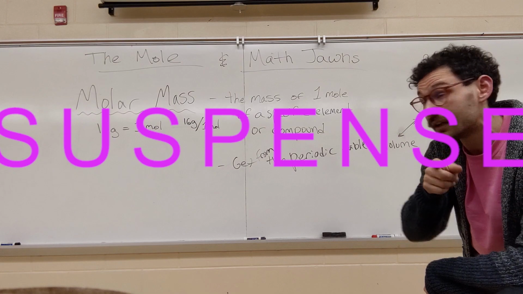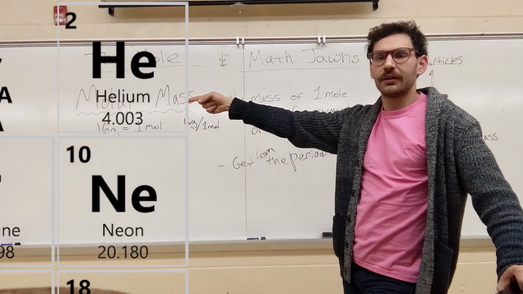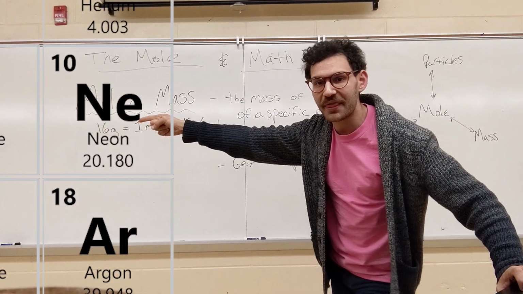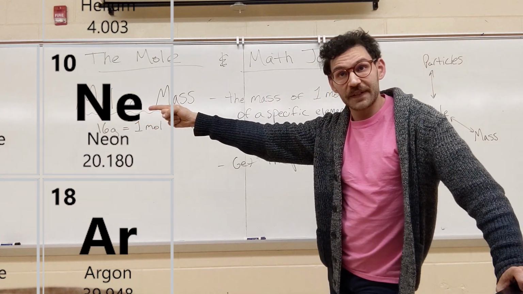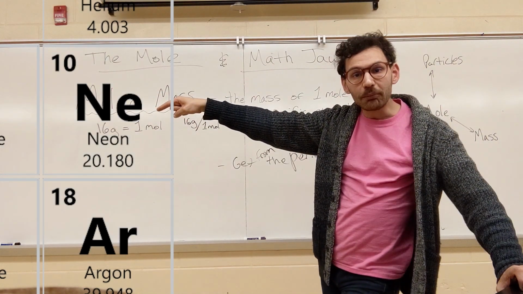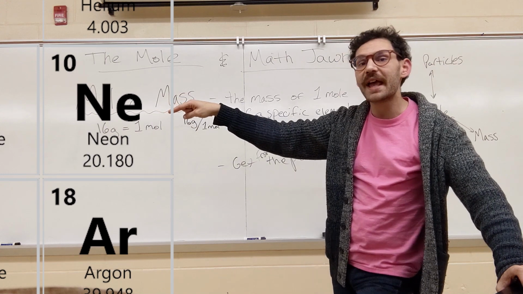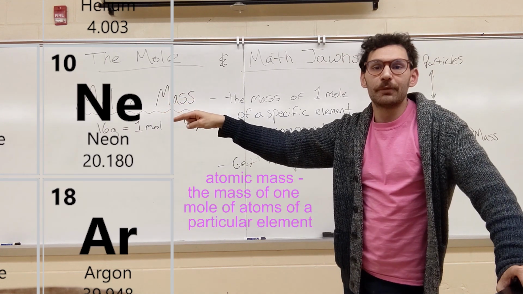Come on up, periodic table, check it out over there. Right here is an element's symbol on the periodic table. And at the bottom is this non-whole number. At the top we have our atomic number, but down here we have the atomic mass of a particular element.